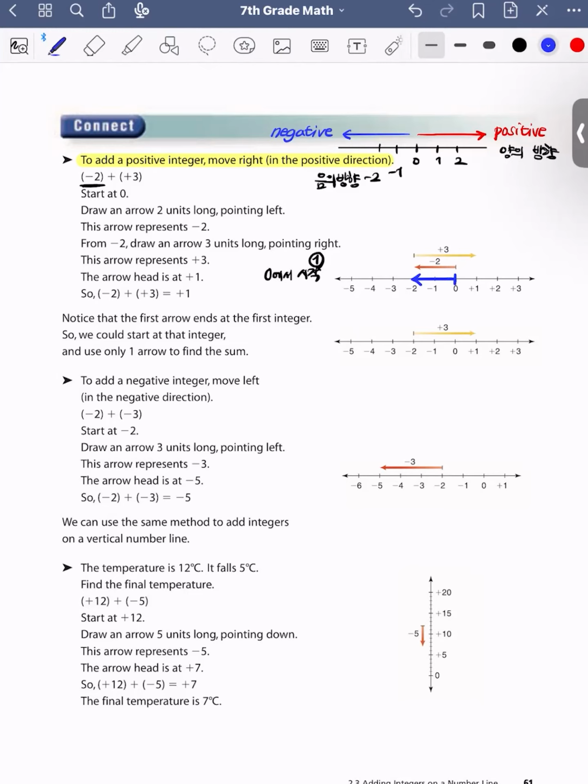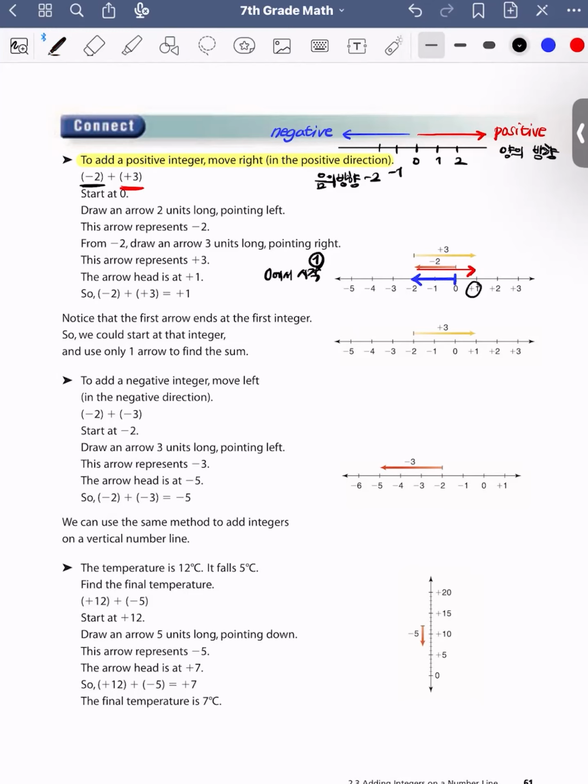You go to the left side, right? And then starting from there, you go to the positive side, which is +3. And in conclusion, it'll give us +1.